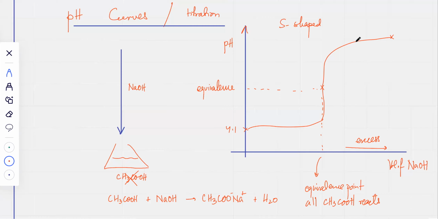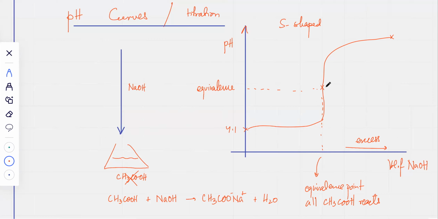But forget the shape of the curve at the moment, just remember there would be 3 points that you'd be trying to find out if you want to sketch a curve. You'll try and find what's the starting pH. Where do you start the curve? Then you'll also try and find at what volume of NaOH has all the ethanoic acid reacted. That would indicate that equivalence has been reached. The pH should be 7 at that point.